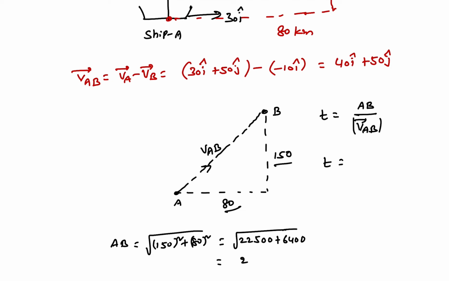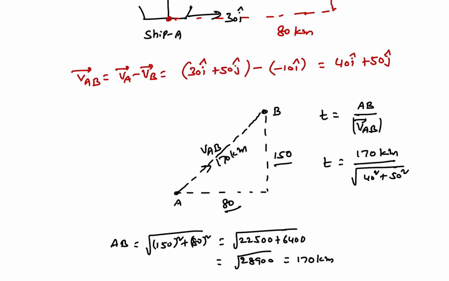We can write under root of 22500 plus 6400. We get 28900. Not approximately, directly we will get 170 kilometers. Now time can be written as 170 kilometers by VAB bar, under root of 40 square plus 50 square.